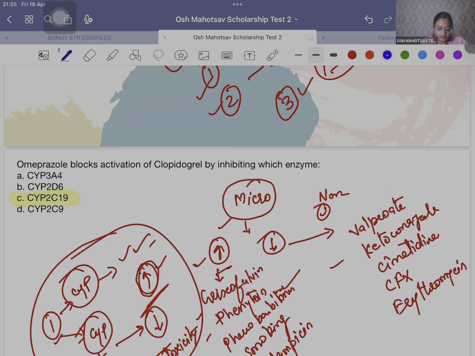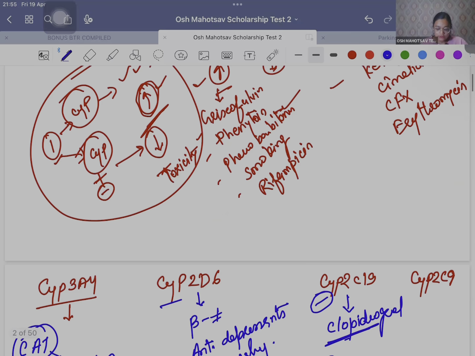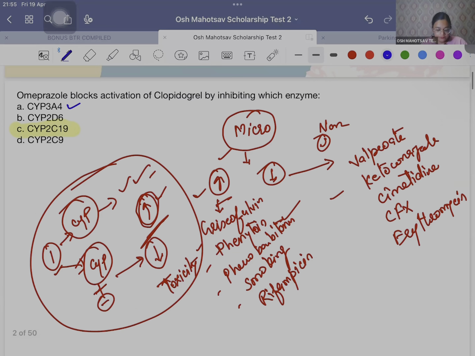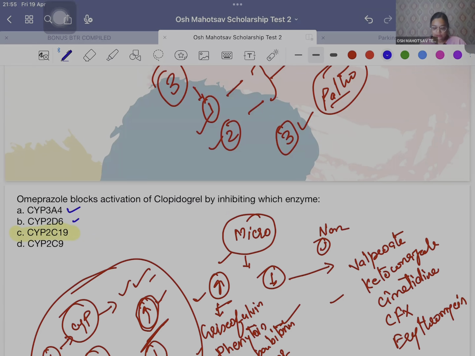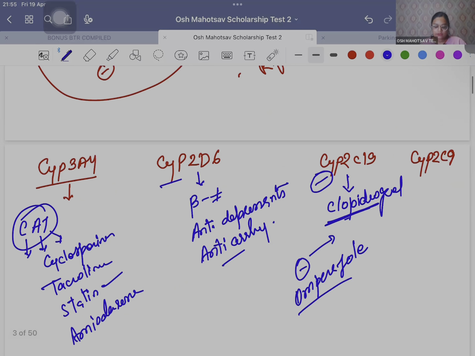To recap: cytochrome 3A4 metabolizes CAT drugs, cyclosporine, phenytoin, statins and amiodarone. Cytochrome 2D6 metabolizes beta blockers, antidepressants, and antiarrhythmics except amiodarone. 2C19 converts clopidogrel into its activated form, so this enzyme is mainly inhibited by omeprazole or any PPI.